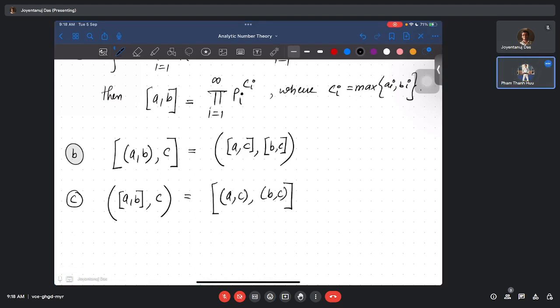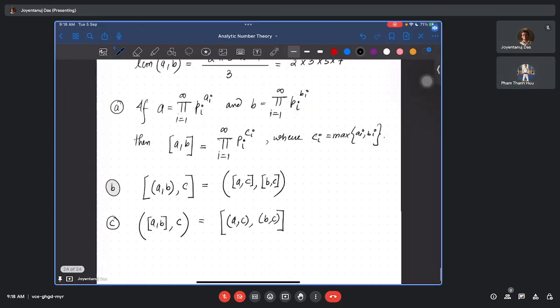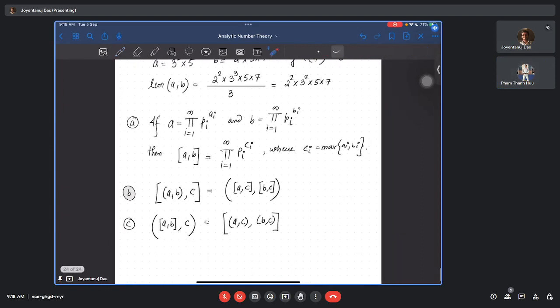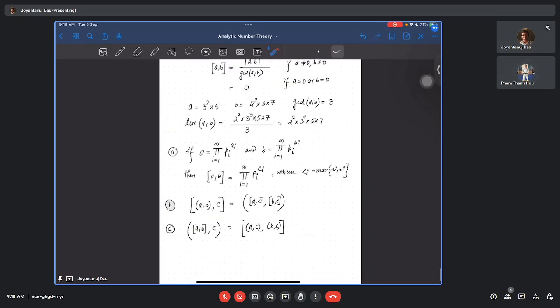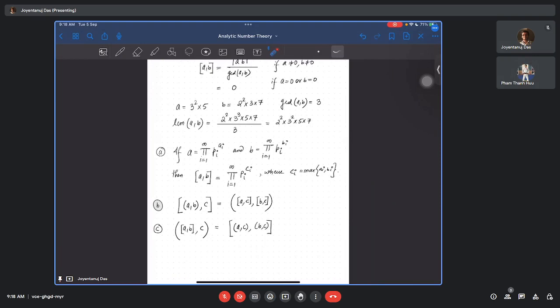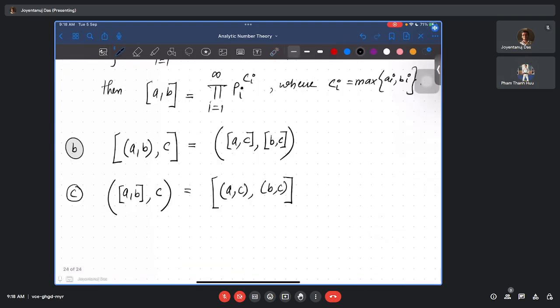Actually, this part is easy. You can use the prime factorization technique, where the GCD is the minimum and the LCM is the maximum. You just have to play with the exponents, and you can check that these two properties hold. So these are more or less the properties of LCM.